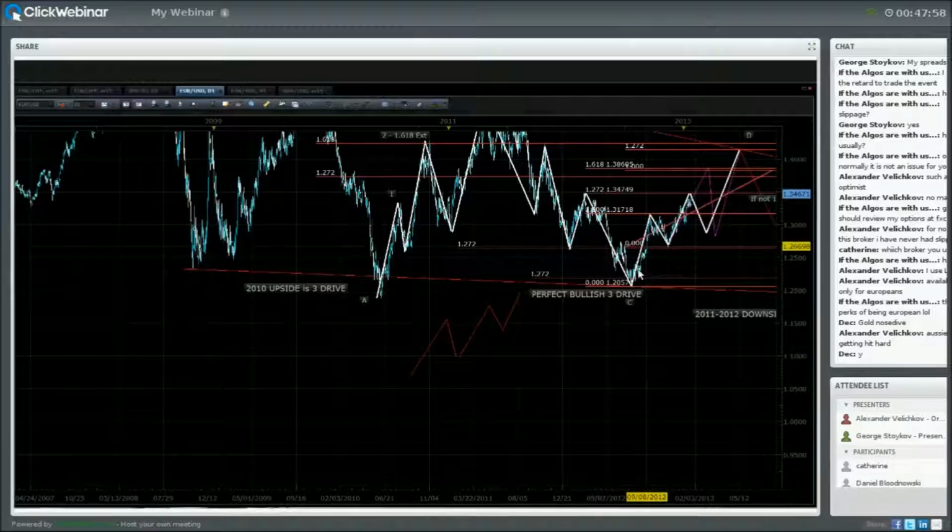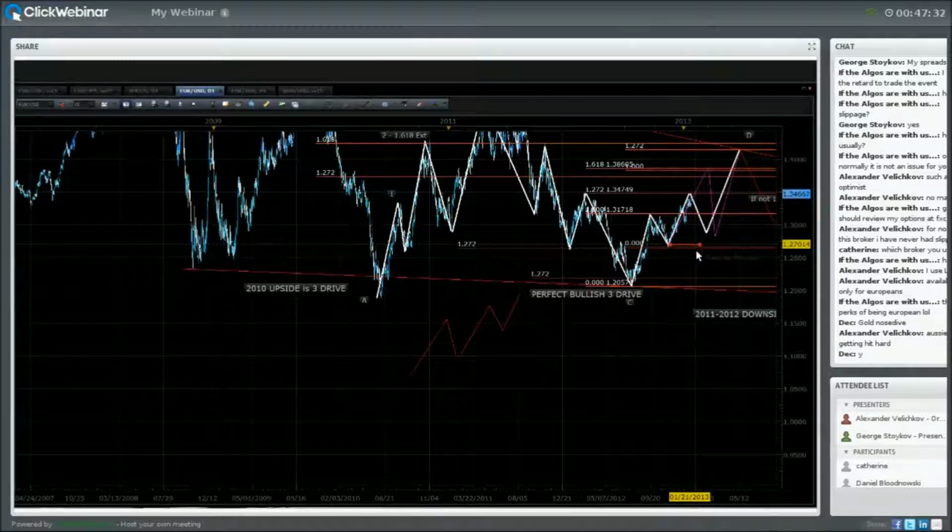Assuming that this three-drive pattern is symmetric, if we take the time frame from over here to over here, and assume that this is the rally timing, we are currently pretty much approaching the top of when the rally should be ending.